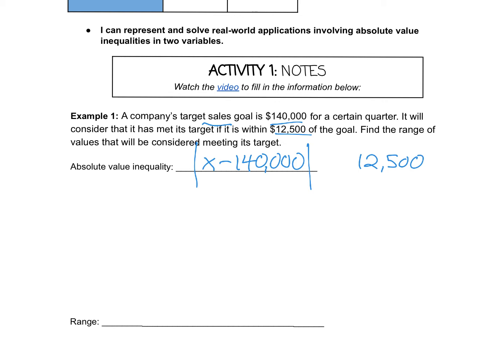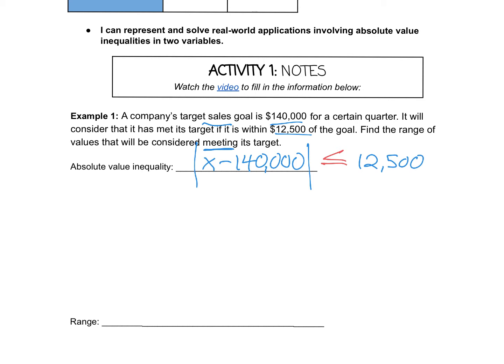And then the last piece for the inequality is the inequality part. So we have the absolute value, but we don't have the inequality yet. It says we want to find the range of values that will be considered meeting its target. So meeting its target means it needs to be close to what it's supposed to be. And so in that case, we're going to use less than or equal to, because that indicates we want the x to be close to 140,000.